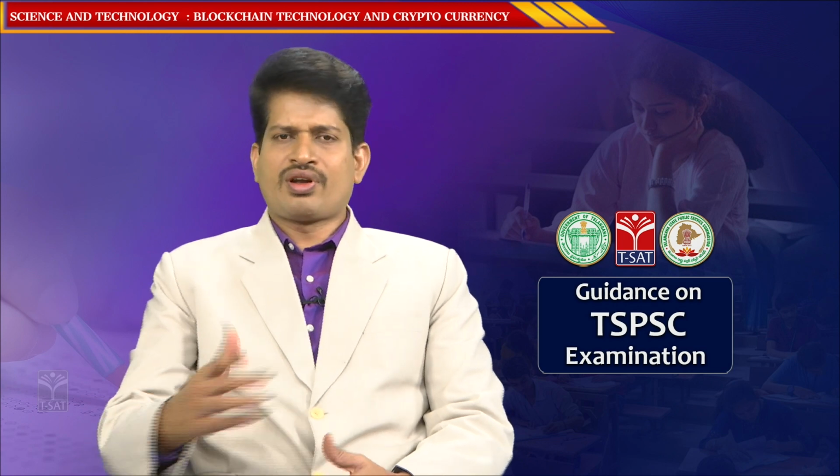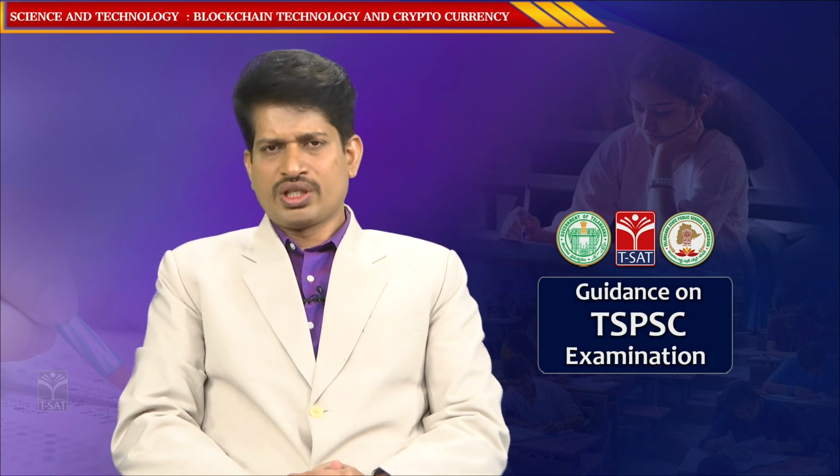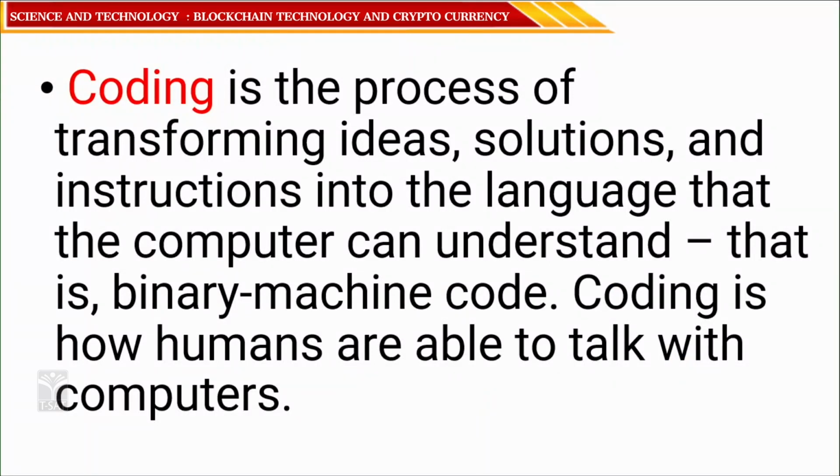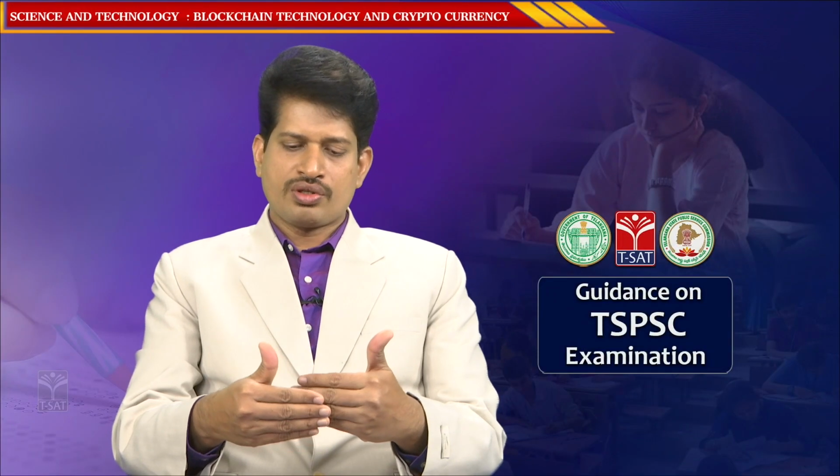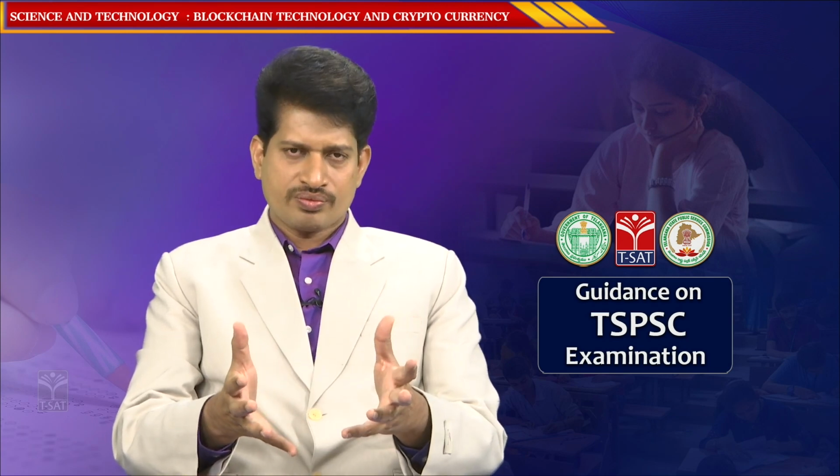This is an application here. So, for non-science students, you need to be clear with certain words. Coding is a process of transferring ideas, solutions, and instructions into a language that the computer can understand. So, coding is a kind of language, a computer language, where it will not be able to understand any kind of vernacular languages.